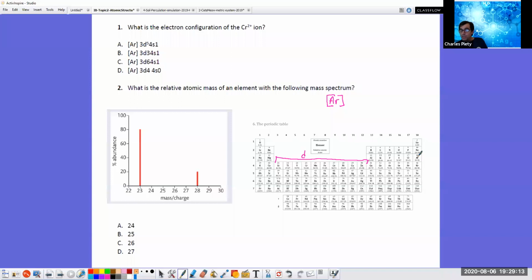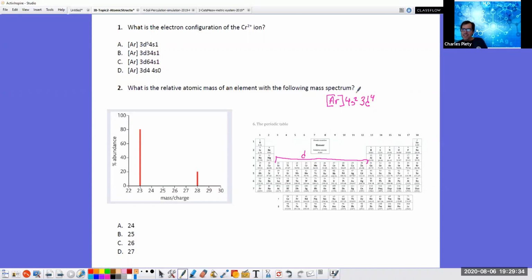And then if it was just chromium, it would be argon 4s2 3d, 1 2 3, 1 2 3 4 5. Oh, wait a minute, excuse me, 1 2 3 4.